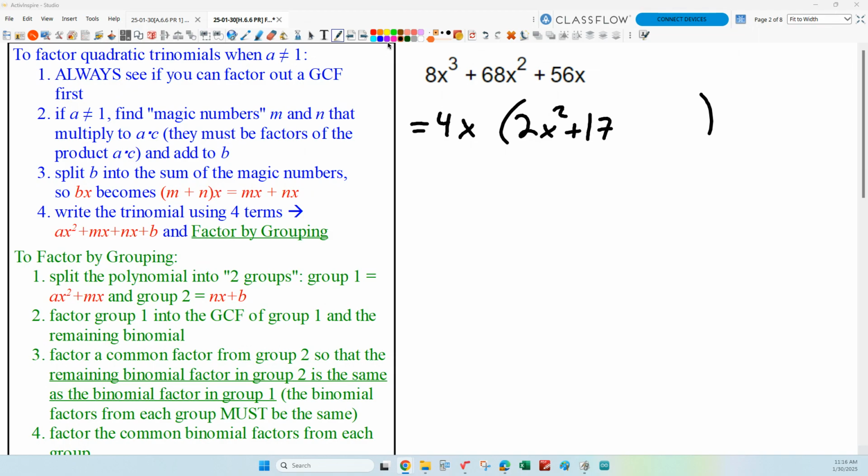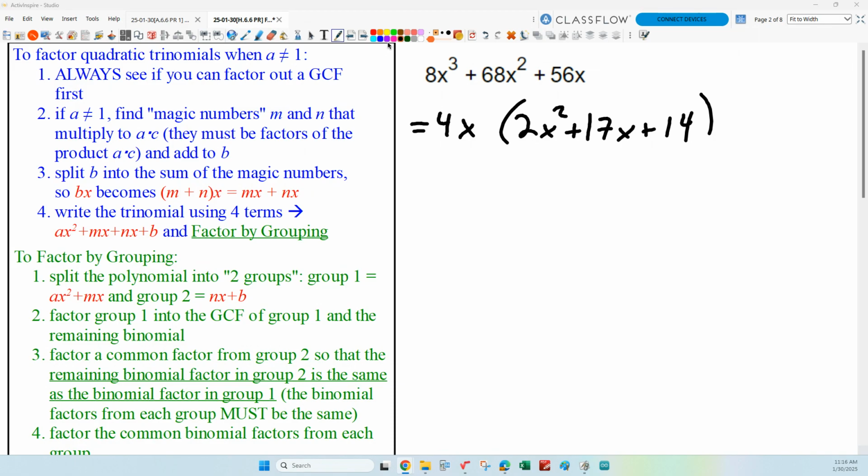$17 x plus, yeah, 14. Good. Okay, so then we need to see if we can find magic numbers that work here, right? And if we can find magic numbers, then we can split and group, okay?